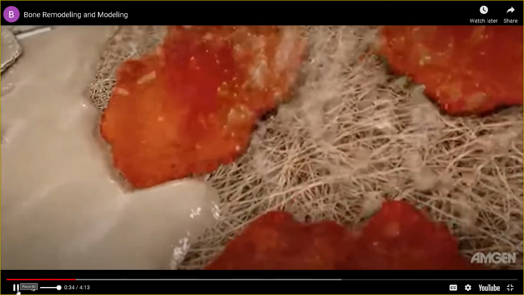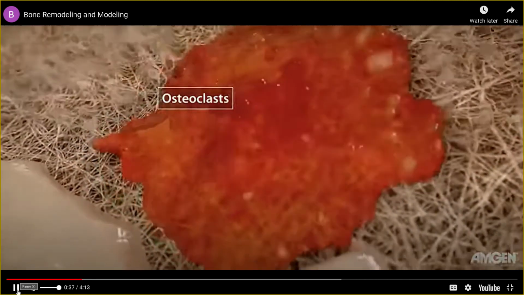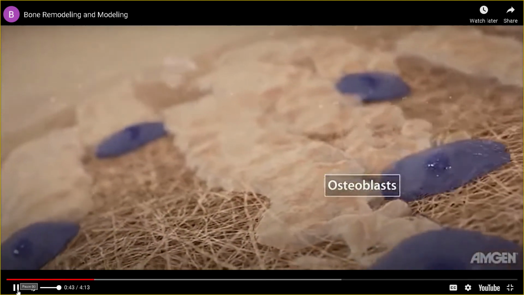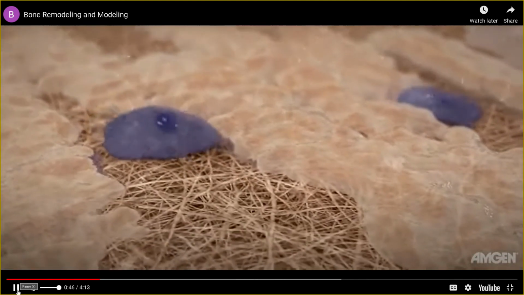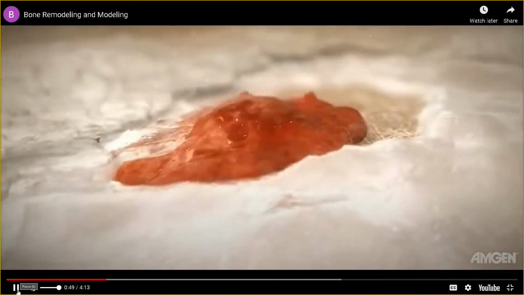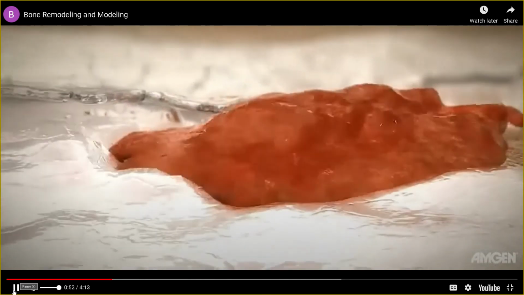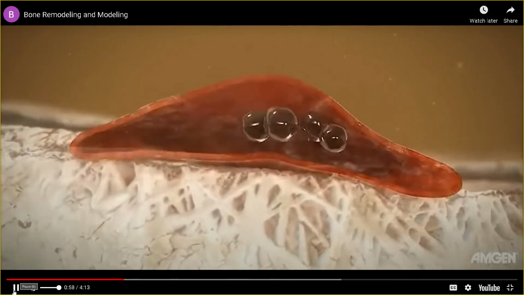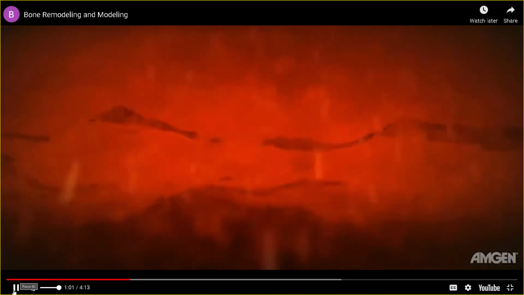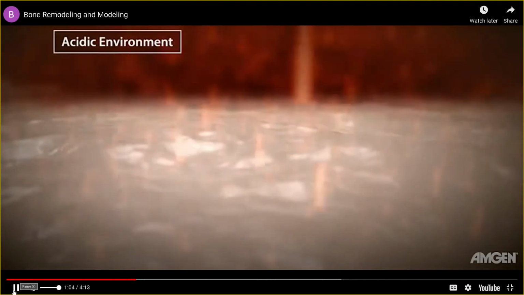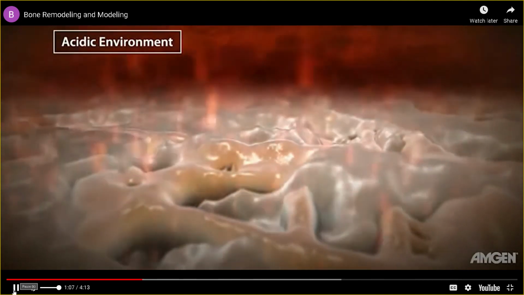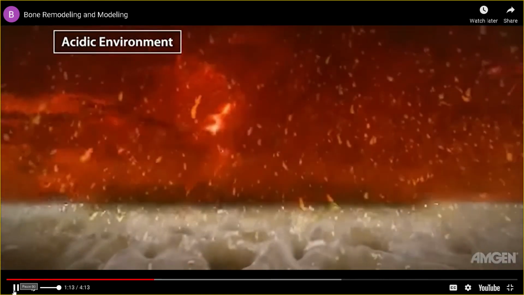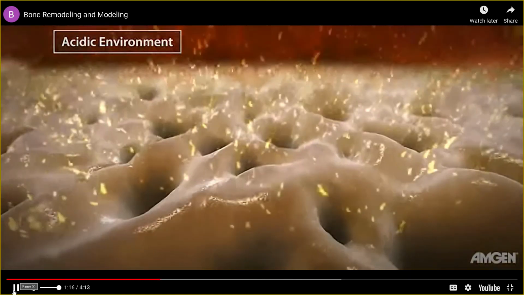Bone is modulated by a group of cells including osteoclasts, which are multinucleated cells that resorb bone, and osteoblasts, which refill the resorption cavities created by osteoclasts. Osteoclasts anchor themselves to the surface of bone. This creates a microenvironment underneath the cell, which is referred to as the sealed zone. Within this zone, the osteoclasts create an acidic environment that dissolves the bone's mineral content. Once the mineral content of the bone has been dissolved, enzymes released from osteoclasts remove the remaining collagenous bone matrix to complete the process of resorption.